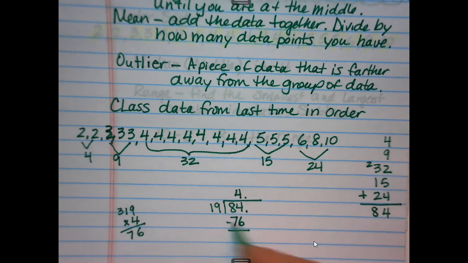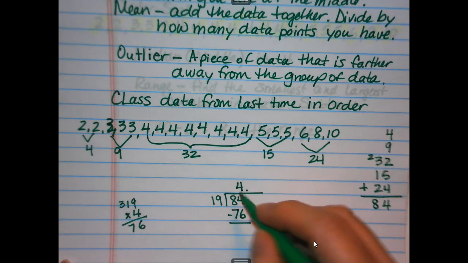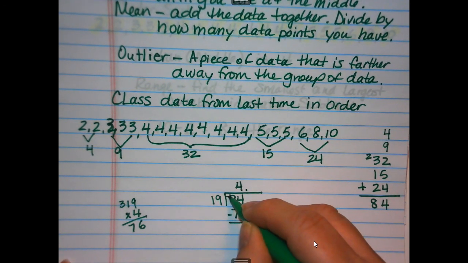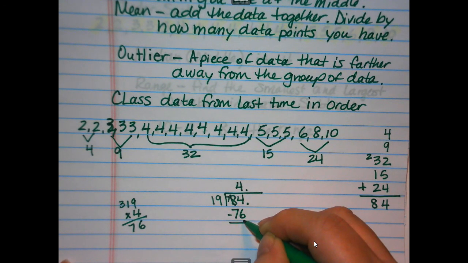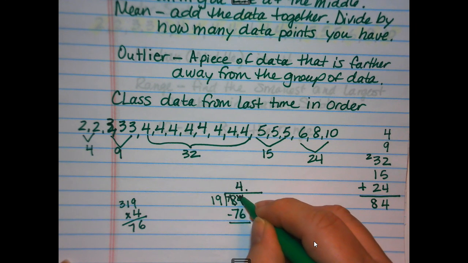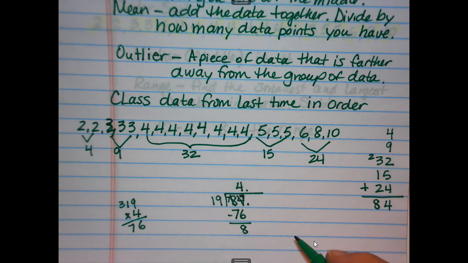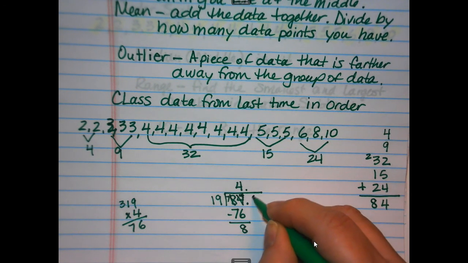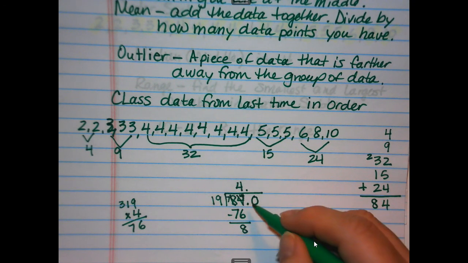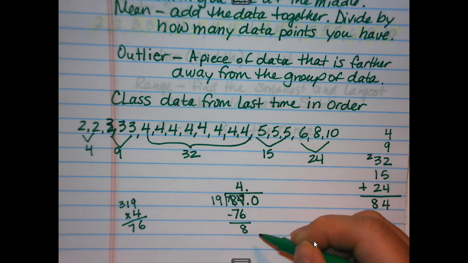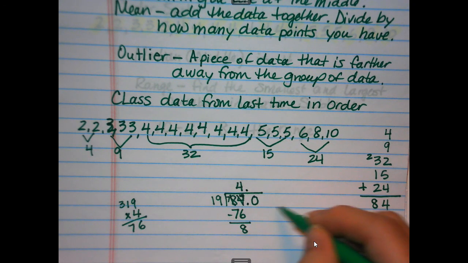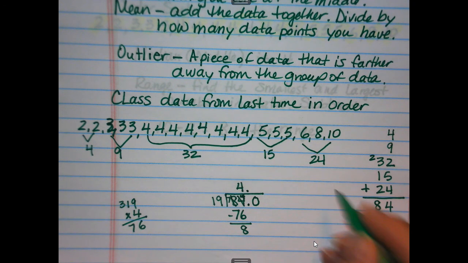And then when I'm doing long division, I do the subtraction next. I borrow, because I can't do 4 take away 6, but I can do 14 take away 6, and that's 8. I'm going to go ahead and put a 0 here, because once I put a decimal place there, I can put as many zeros down here as I want until I run out of room.